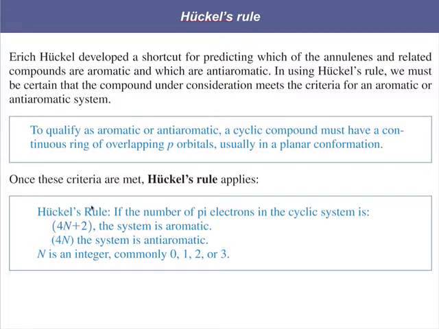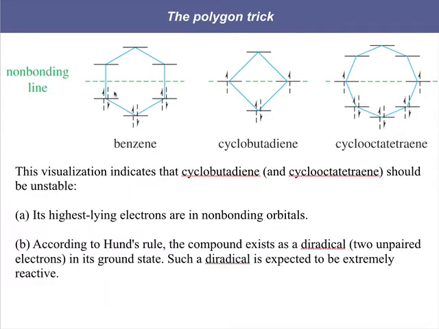That's Huckel's rule. It says that if the number of pi electrons in the cyclic system is 4n plus 2, where n can be any integer, so n can be 0, 1, 2, 3, etc., the system is aromatic. So for example, benzene. We know benzene is aromatic.